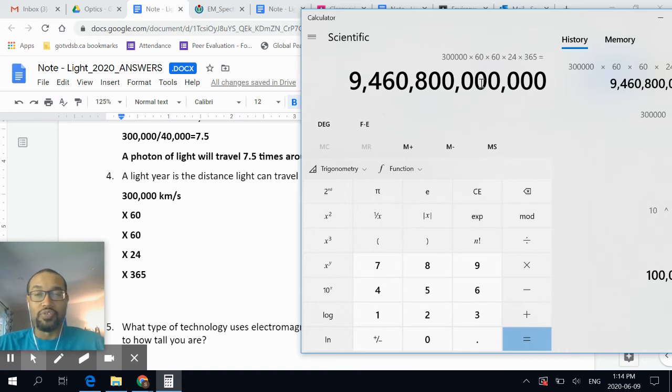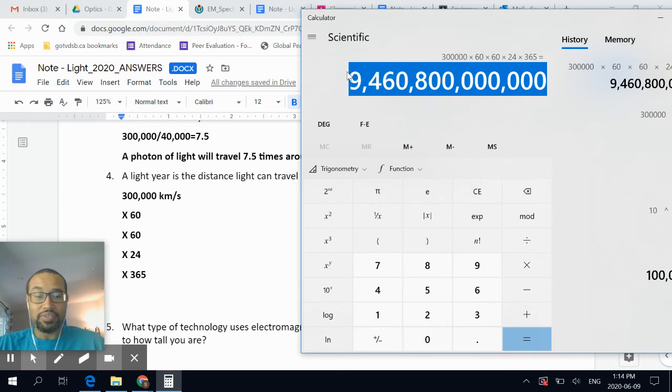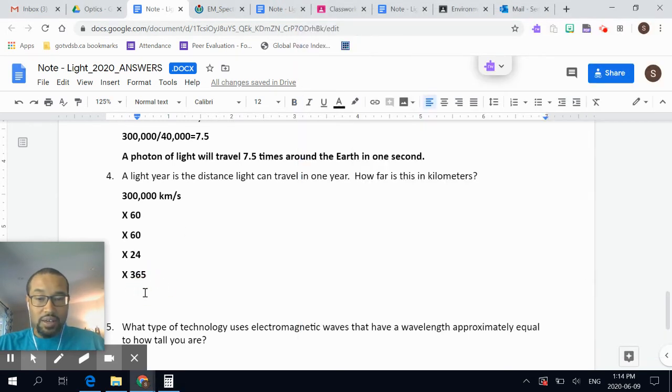Far, far, far away. Let's see if I can just copy that number so I don't have to type that all out again. So that altogether equals that number.